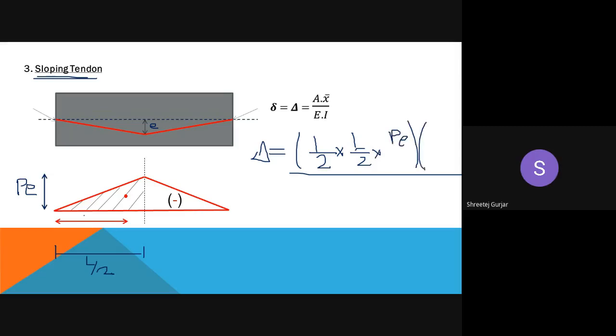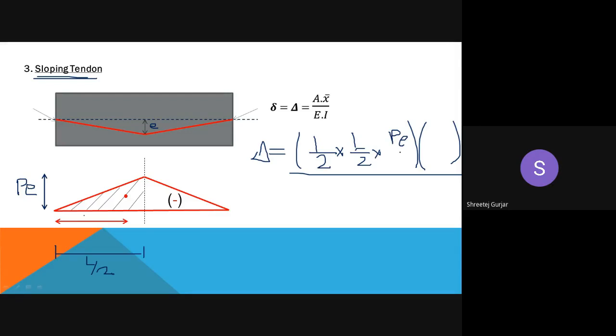Now what about your X bar? Is it 3 by 4 or 1 by 4? This distance is 1 by 4. Are you sure? 3 by 4, right?